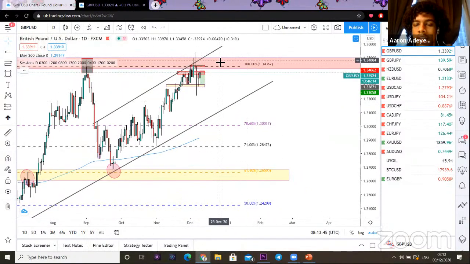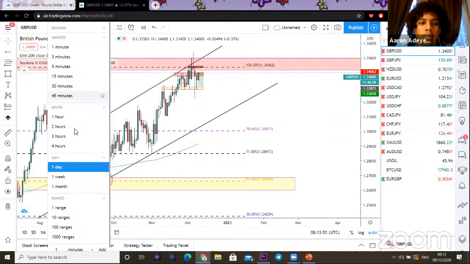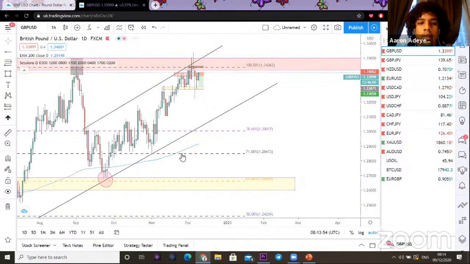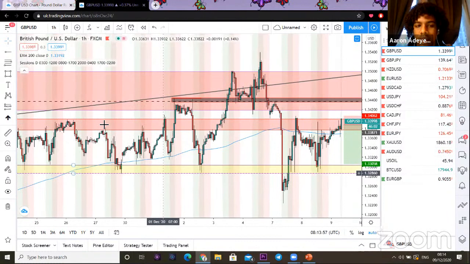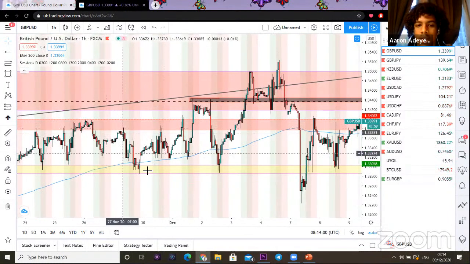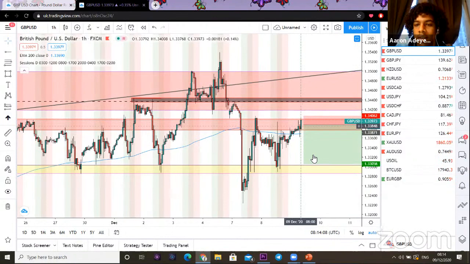It's only come to this level 3 times since 2019. I've seen that price reacts to this level, drops down, bounces off of this, and just continues. It's broken from this level once or twice, and now it's at this level again.